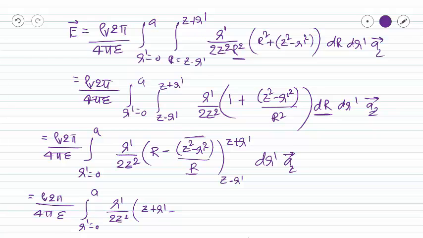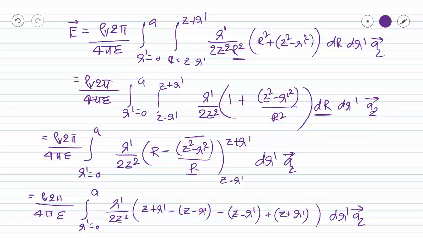So I am substituting a plus b, so I am left with a minus b, which is z minus r'. So that is the upper limit. Minus the lower limit, which is z minus r'. Okay. Minus into minus is plus. I will get, now I am substituting z minus r' in the denominator. So I will get a plus b, which is z plus r'. Okay, so bracket close, dr' is z bar.